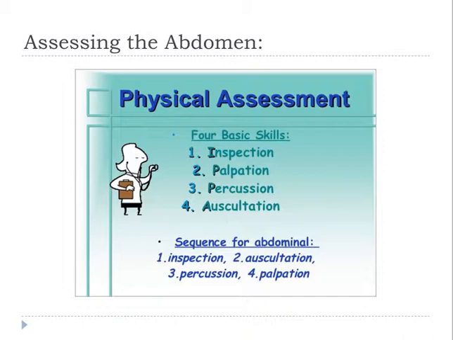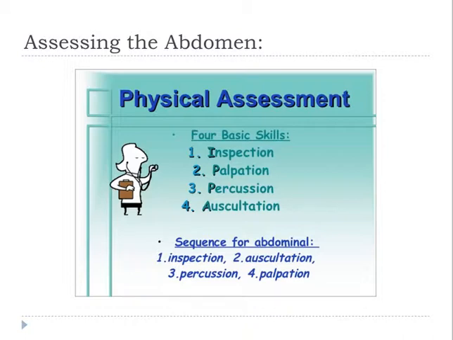Remember that hyperactive bowel sounds indicates an increase in motility. So whatever is moving through the abdomen is moving faster. Conversely, hypoactive bowel sounds means things are slowing down in there and therefore decreased motility. When we percuss, we're testing for dullness, tympany, or hyperresonance.